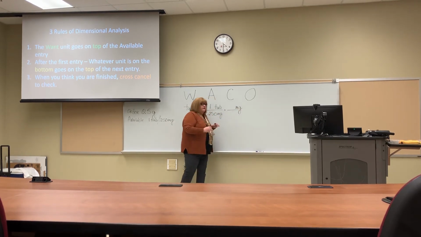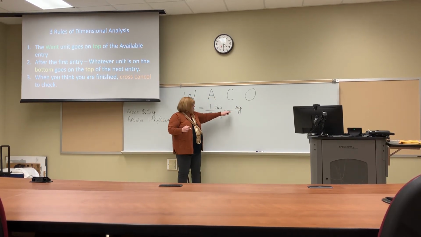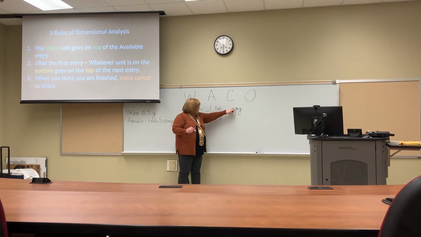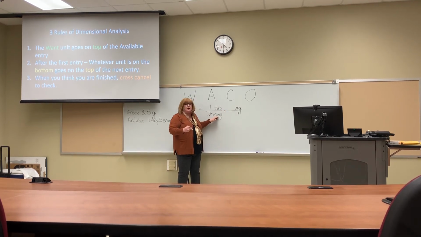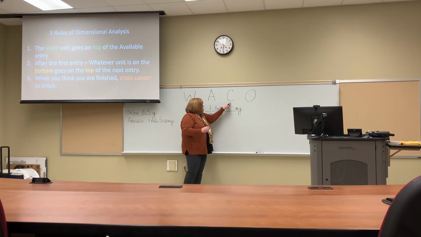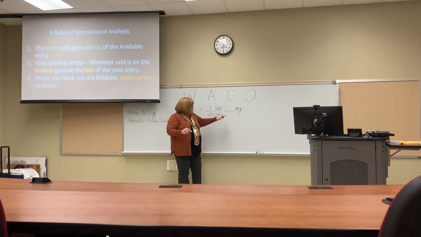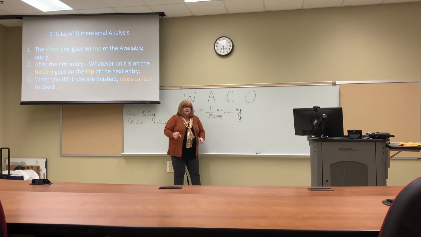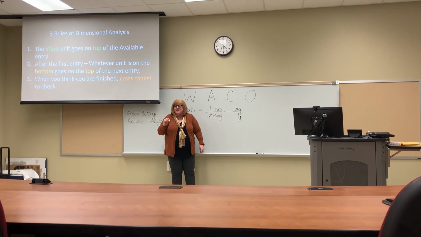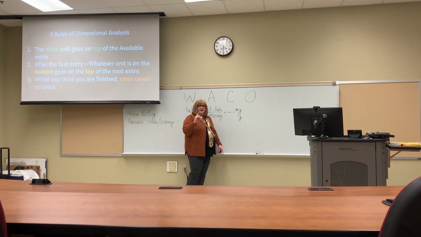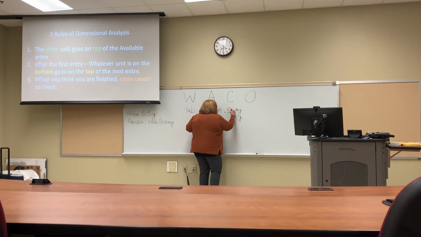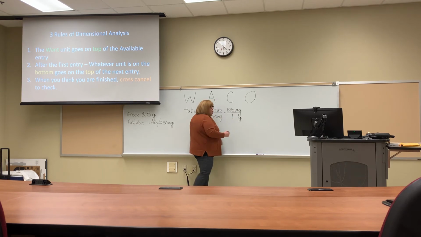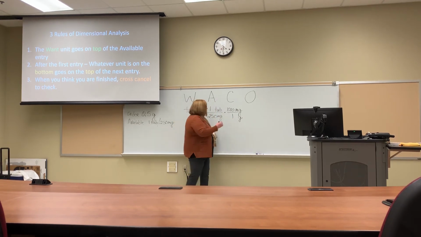So before I even put my conversion in, I'm going to put my form on the top here from being on the bottom here. So what conversion, if we're going to match milligrams and grams, those of you who've been diligent to study this, what's that going to look like? Right, 1,000 milligrams is going to equal 1 gram, all right?